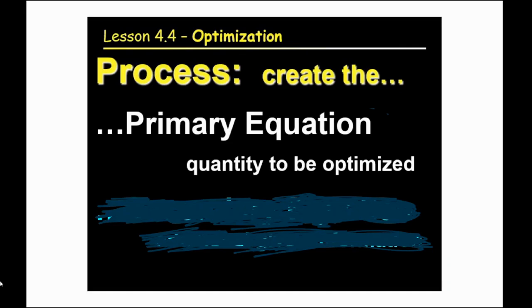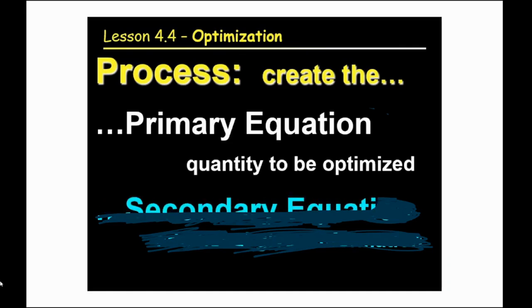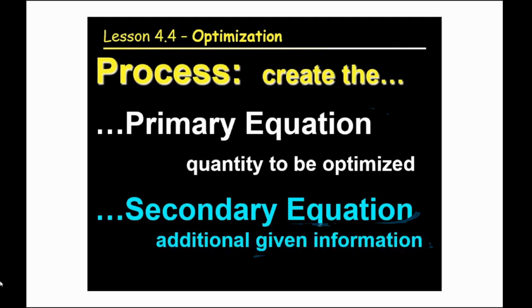But we're most likely also going to need a secondary equation for most of these problems. The secondary equation isn't just extra needless information; it's a formula, an equation that we most often have to create so that we can substitute it into the primary equation.